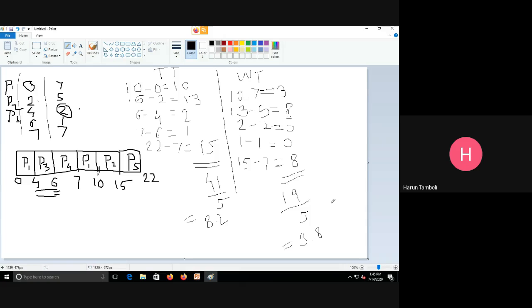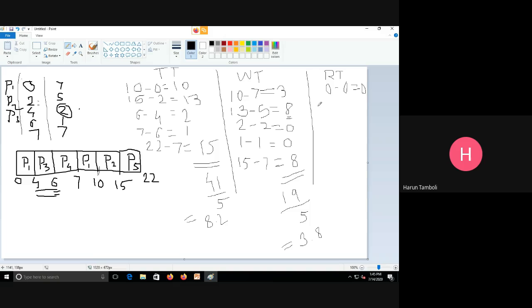Okay, got the answer? Likewise you can calculate response time. Response time is when the CPU is first allocated minus arrival time. So for P1, it first got the CPU at 0 seconds minus arrival time 0, so response time is 0.